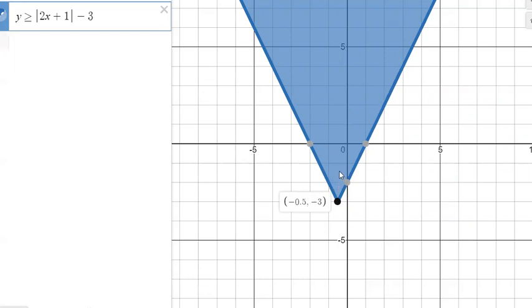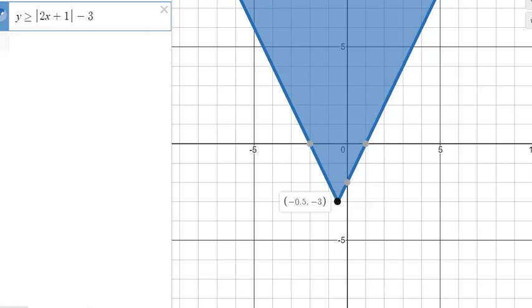So I'm going to shade in blue everything that's above the V shape, not below the V shape. And the reason why I'm shading up is because I have a greater than symbol right here. Also, since it's greater than or equal to, I'm going to have a solid graph. So these are going to be solid lines instead of dotted lines.